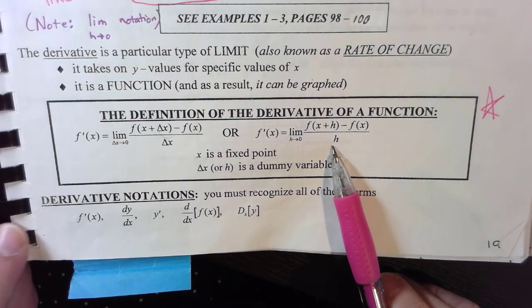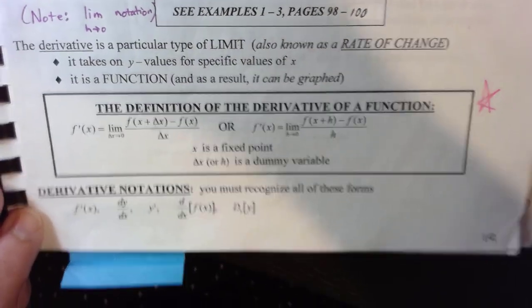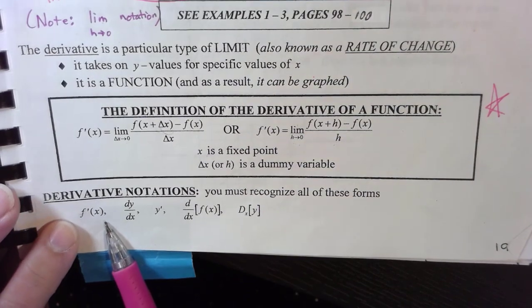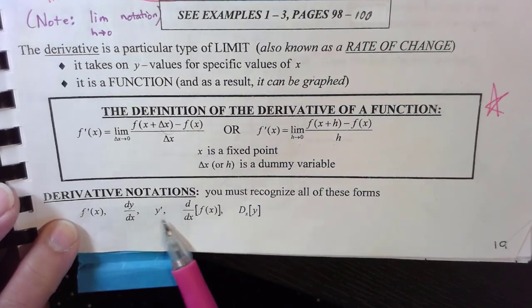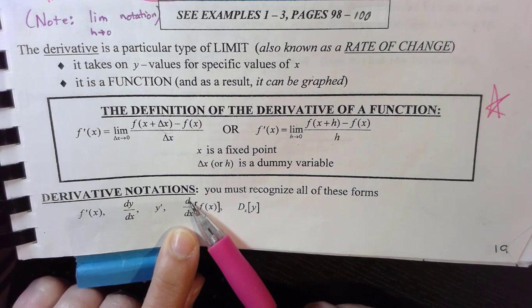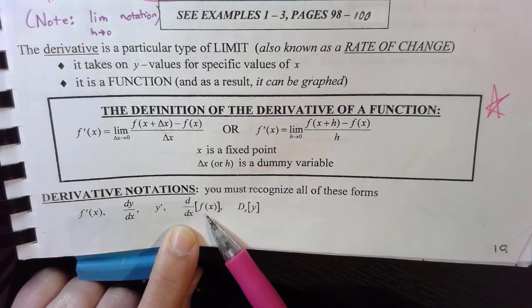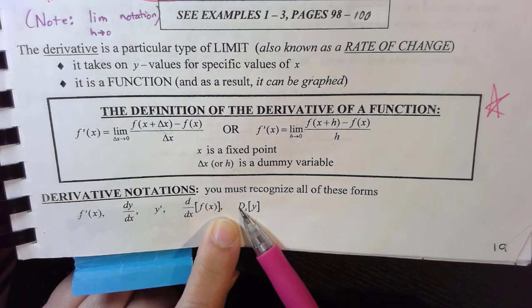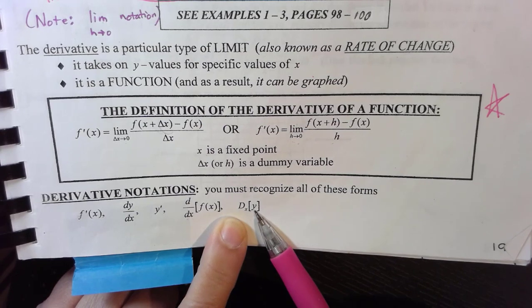Other notations that you will see for derivative include dy/dx, y prime, the derivative with respect to x of a function of x, and the derivative with respect to x of y.